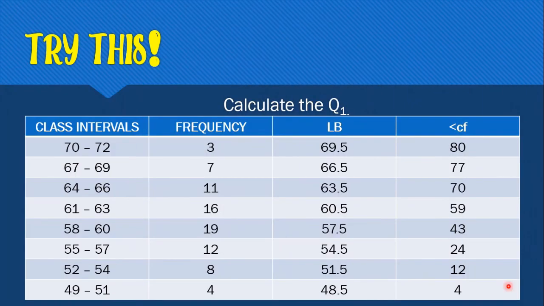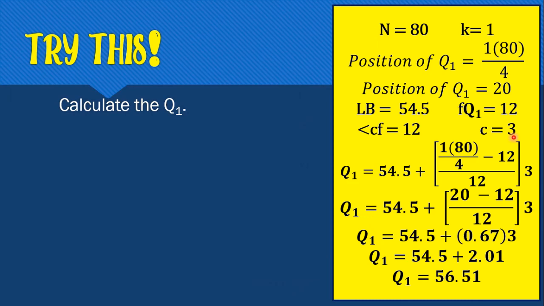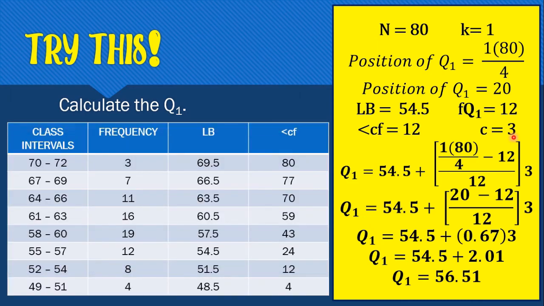Let's try this. Calculate the Q sub 1 given the frequency distribution table. Okay, let's check. So again, for our given table, we have our N, the total frequency, as 80. We are looking for k, which is 1, Q sub 1.